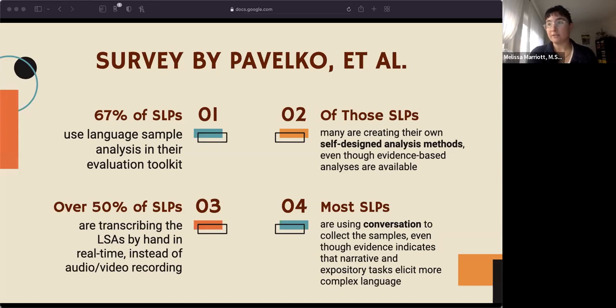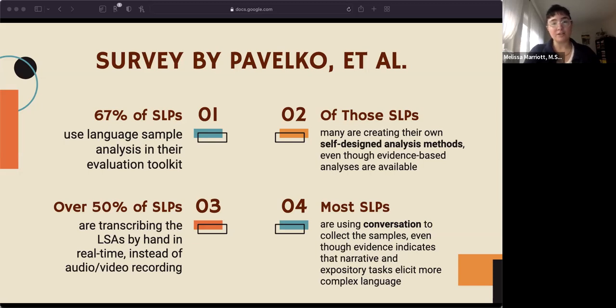Of those SLPs, a lot of them are creating their own protocols for language sample analysis, even though there are lots of evidence-based protocols that are already out there. Many SLPs, more than half, are transcribing those language samples by hand in real time, which again is not a best practice.